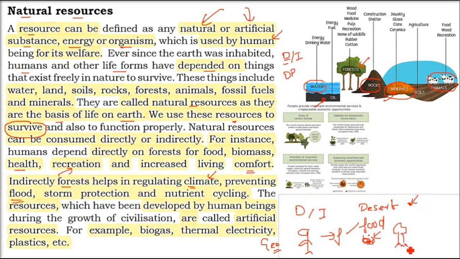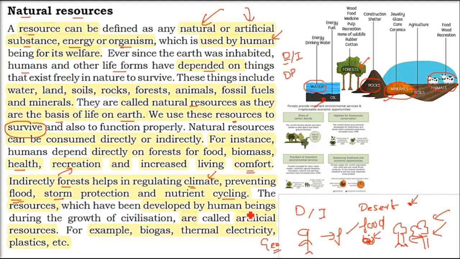It will stop the flood because it will hold the soil, the land. If some storm is coming, if we have a chain of trees, it will stop it. All the nutrients which are depleted over time are recycled by the forest also, poshak tattva, for our body, for the plants. So this is done by the forest.